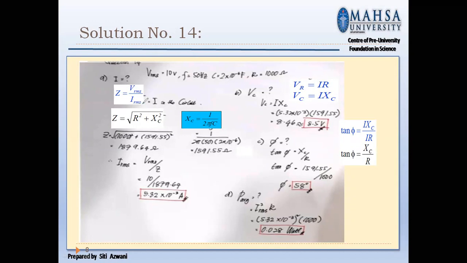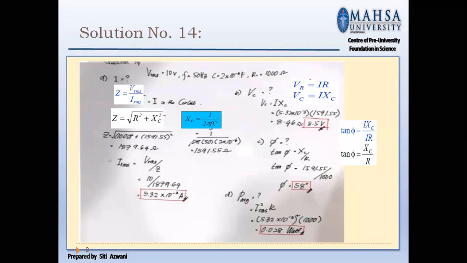How to calculate your impedance? Apply this formula: square root of R squared plus XC squared. Calculate the XC here by using the formula 1 over 2 pi FC. You got 1591.55 ohm. Remember, the unit for the capacitive reactance is ohm.